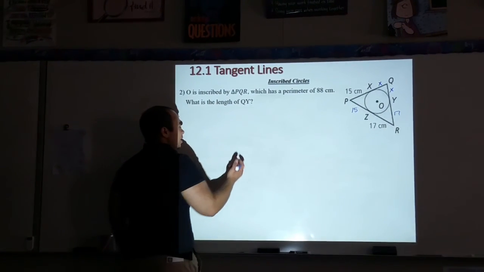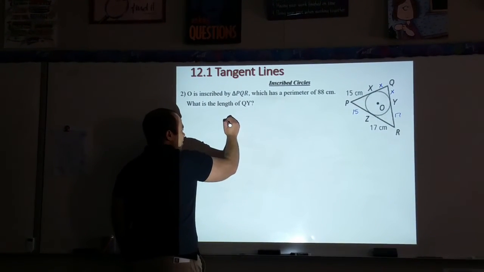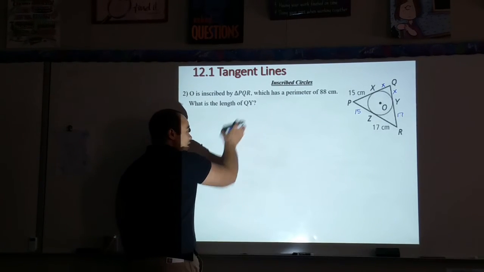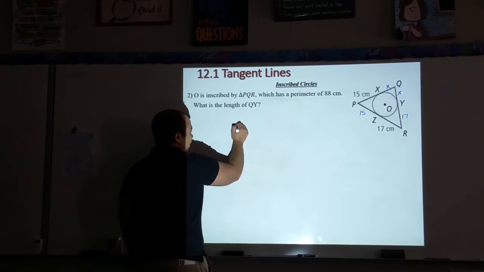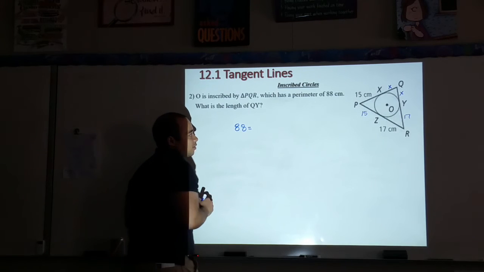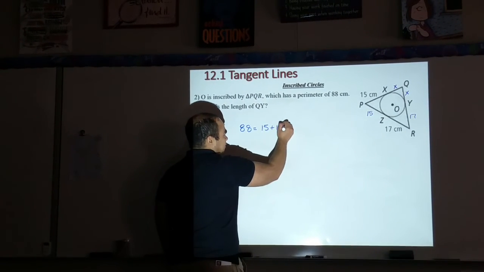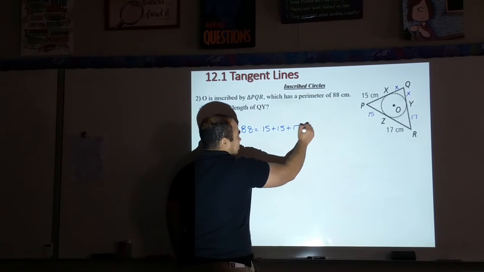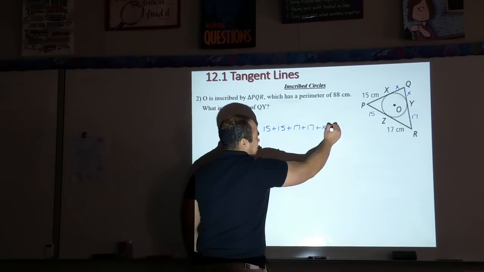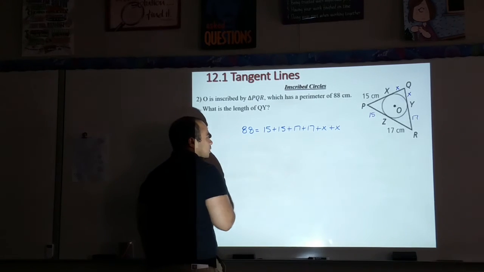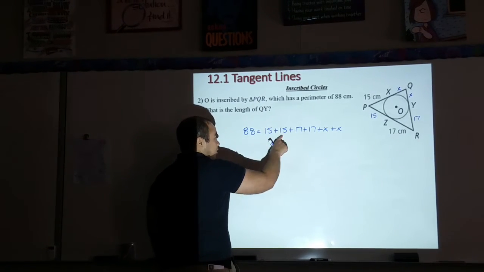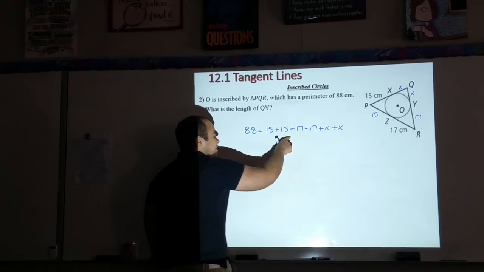It tells us in the beginning of the problem that our perimeter is 88. So what we're going to do is set all of those measurements equal to 88 and solve for x. So 88 is going to equal 15 plus 15 plus 17 plus 17 plus x plus x. So we've got 30 plus 34, that's 64.